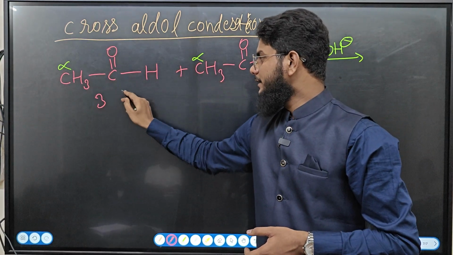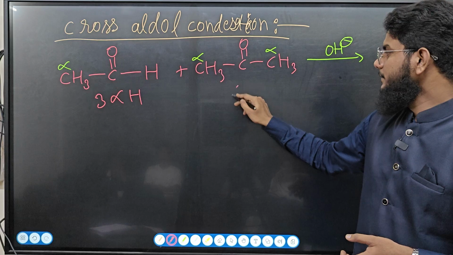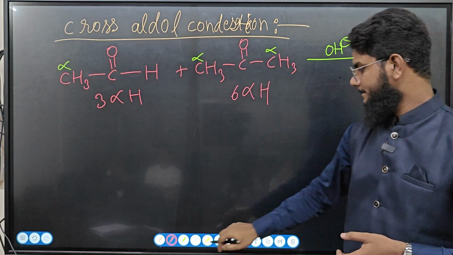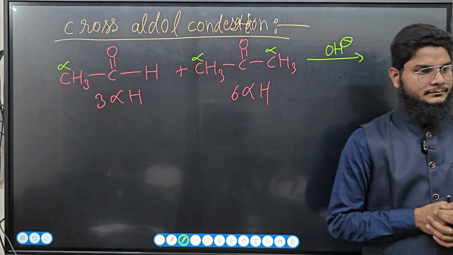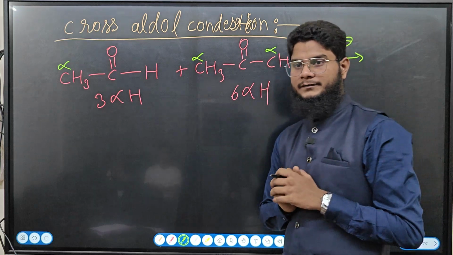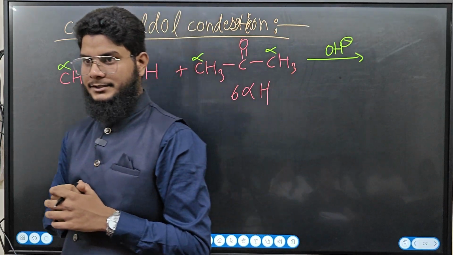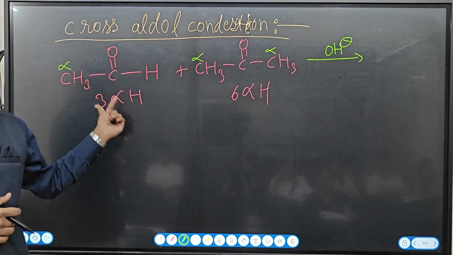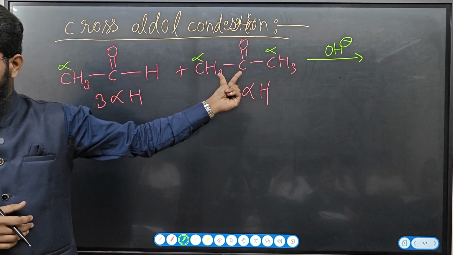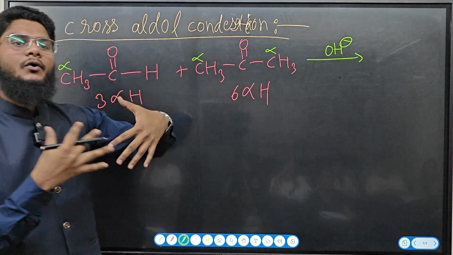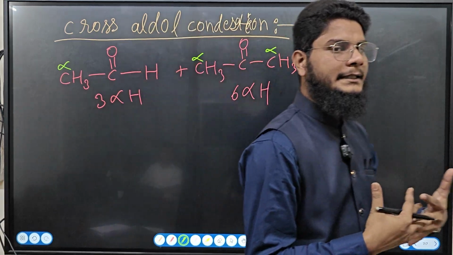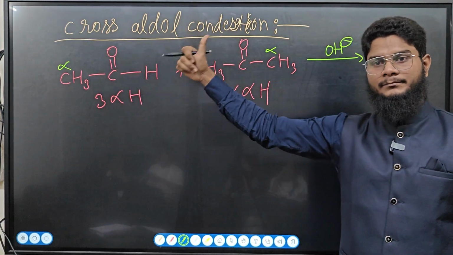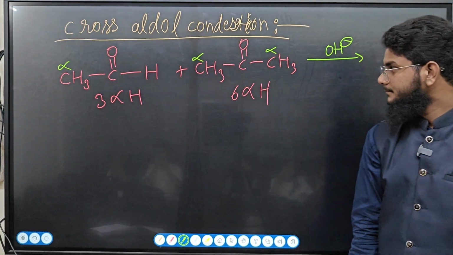This one has 3 alpha hydrogens and this molecule has 6 alpha hydrogens. Both have alpha hydrogens, and you know alpha hydrogens are acidic in nature. So this molecule can form enolate, this can also form enolate, right? So there is a higher probability that either can form enolate.